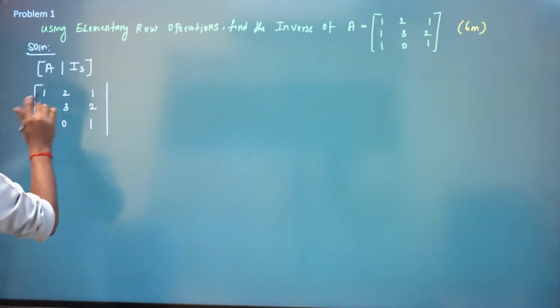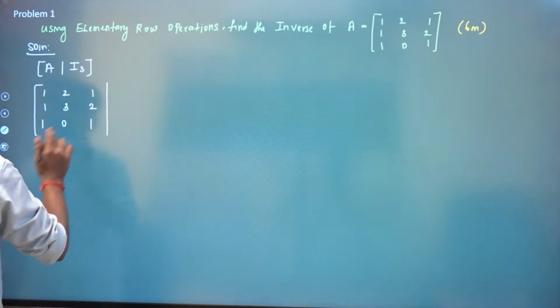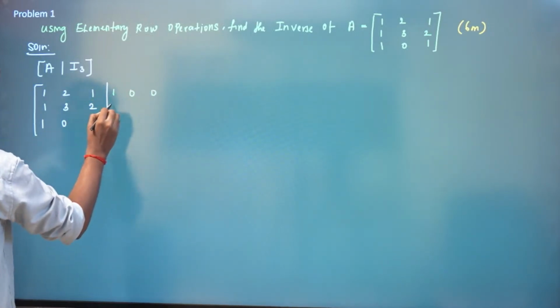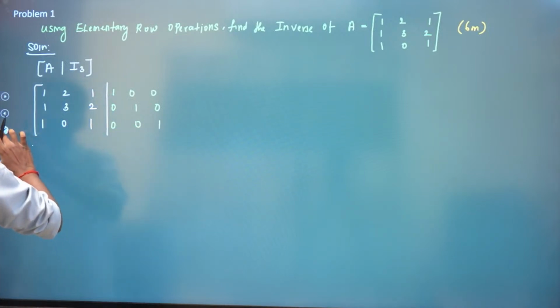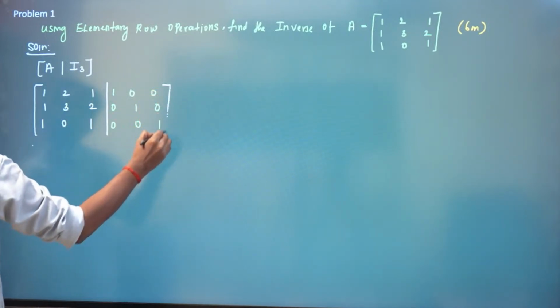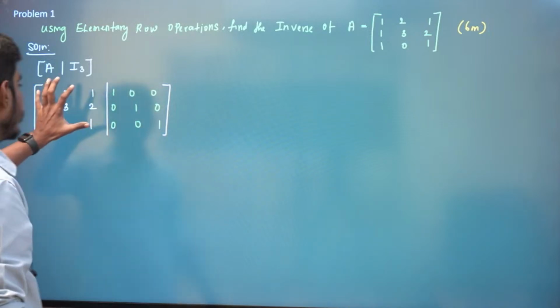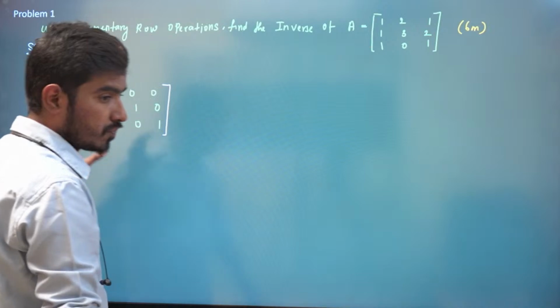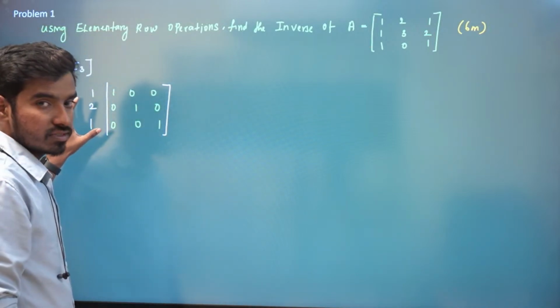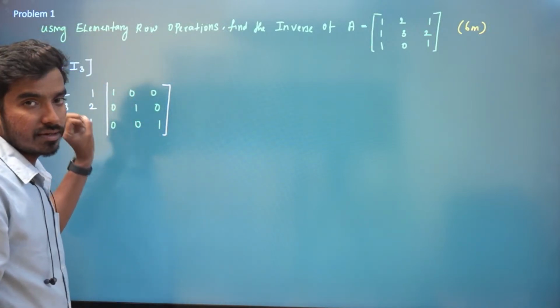Then you write an identity matrix, which is 1 0 0, 0 1 0, 0 0 1. Now what you have to do is, you need to make this matrix an identity matrix, and whatever operations you do to make this matrix an identity matrix, make the same operations here also.